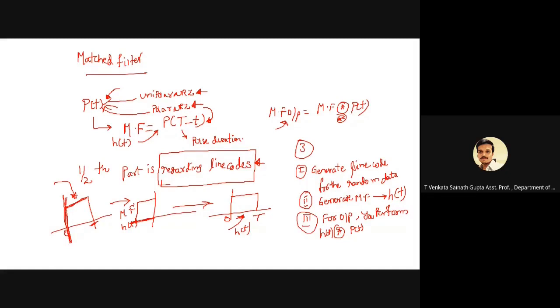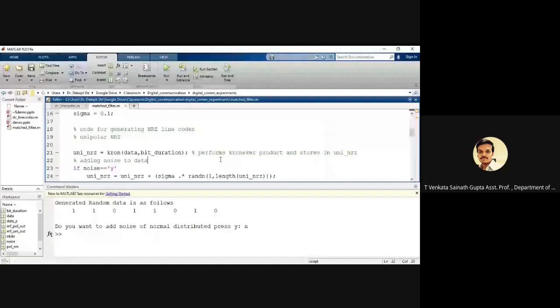If you have any doubts regarding this matched filter, please let me know. The final thing I am trying to show is how to plot them. In what I plotted earlier, I am plotting using two subfigures.